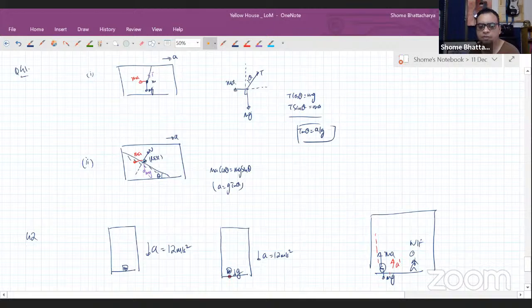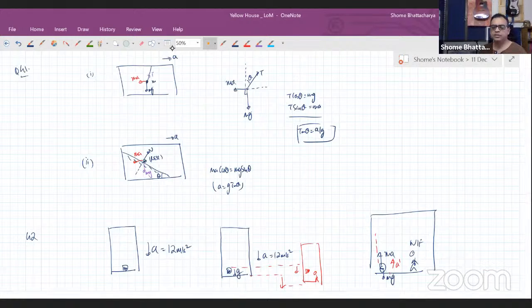In the ground frame, the elevator is going down faster, the box is going down slower. So the box is also going down, but the elevator is going down much faster in comparison. So inside it looks like it's going up. Both these questions are just about application of pseudo force, so I don't think you should have any difficulty.